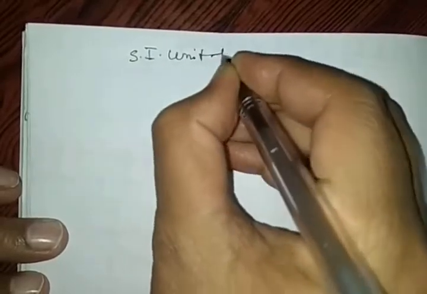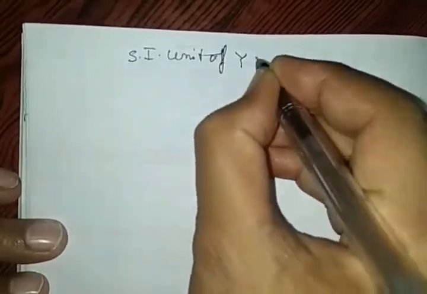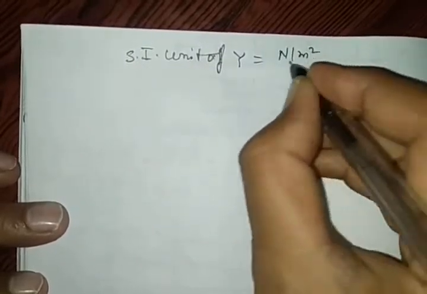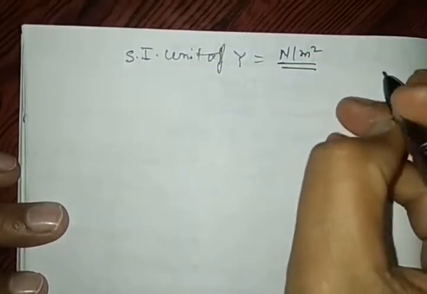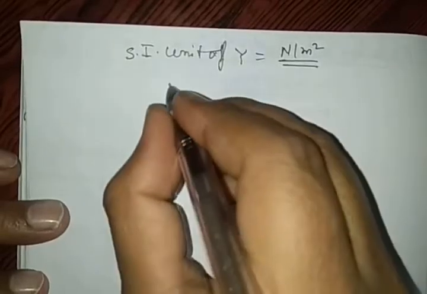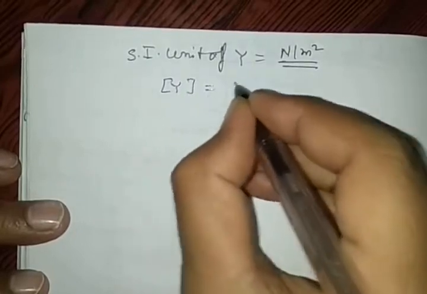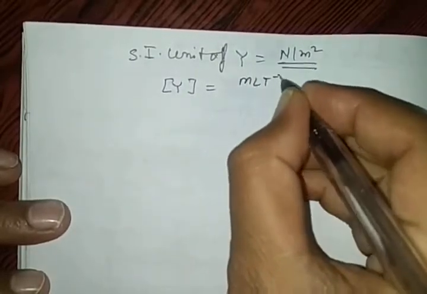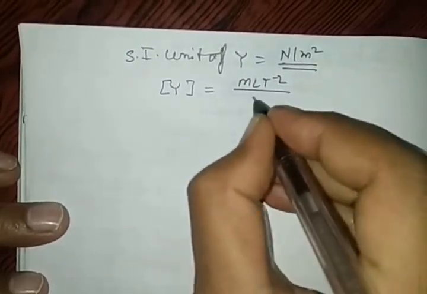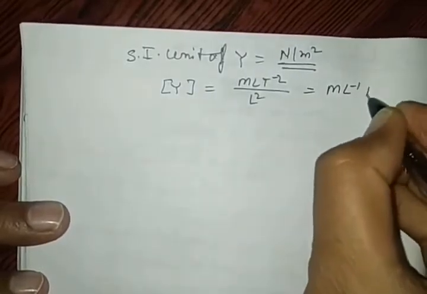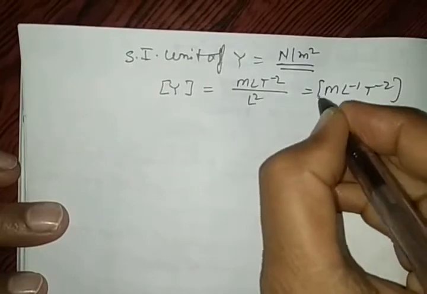The SI unit of gamma is Newton per meter square, and its dimensional formula is Newton means M L T minus 2 by area means meter square means L square, is M L minus 1 T minus 2.